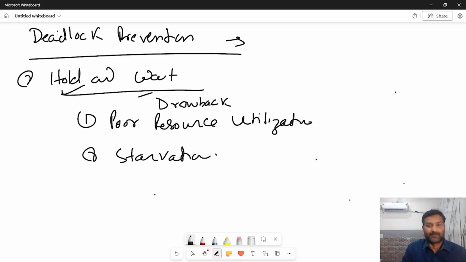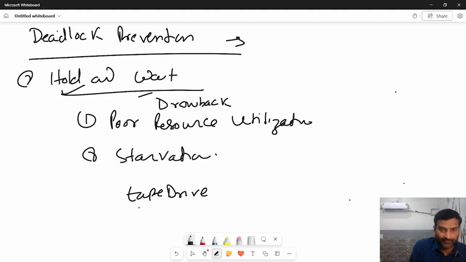What does it mean? Let us say a process is holding all the resources, like a tape drive. We all know that a tape drive is a sequential device to read the data.